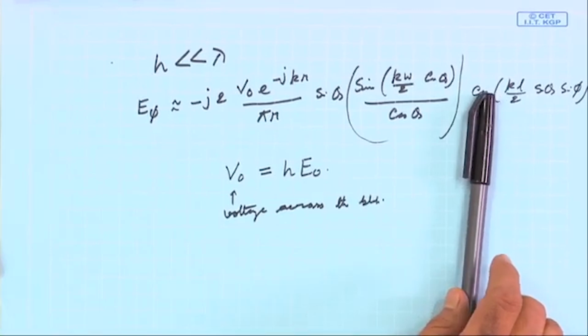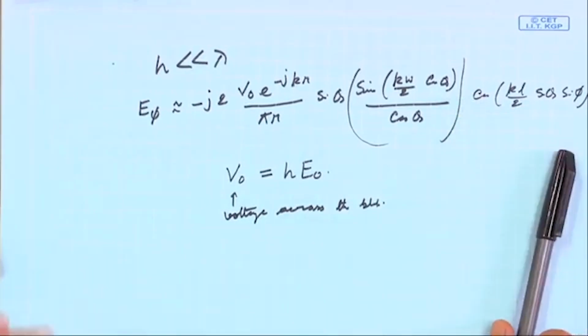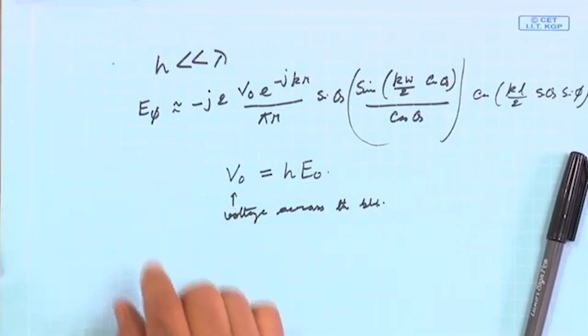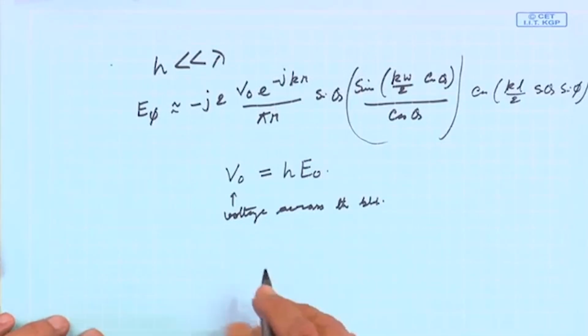Okay. From this, since you have E phi, you will also have H theta. So, now you can find the power radiated, and from there, if you want it to radiate, it should have a radiation resistance, which slot and microstrip antenna people generally express as the inverse, the conductance.